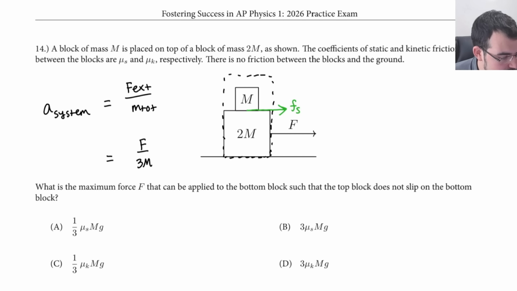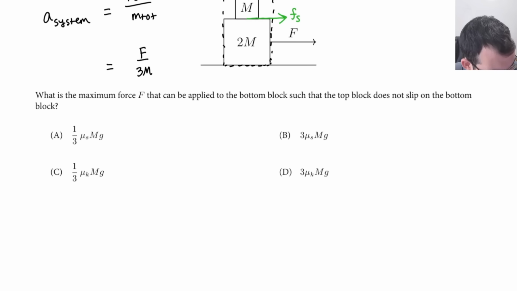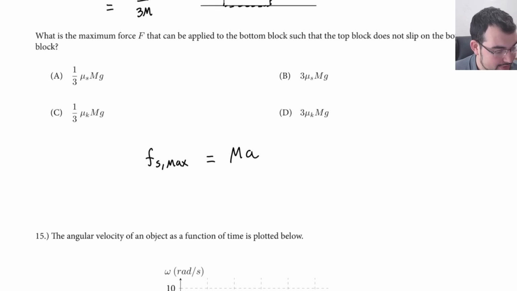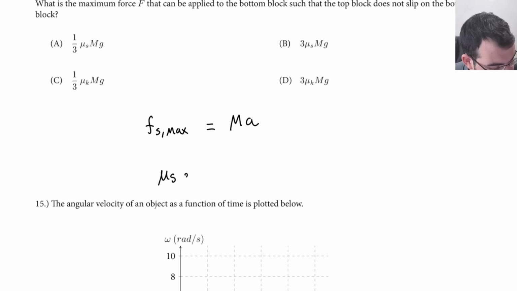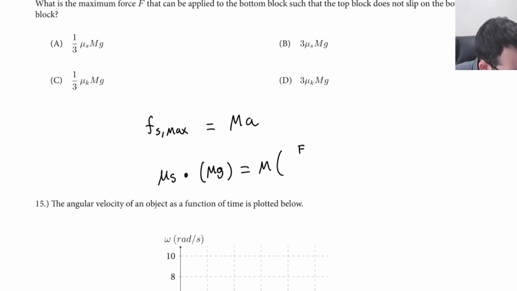So I can set the static friction force, its maximum value, equal to ma for that block. The maximum value of static friction is mu s times the normal force, which in this case is just mg, and that equals ma, where a is F over 3m.